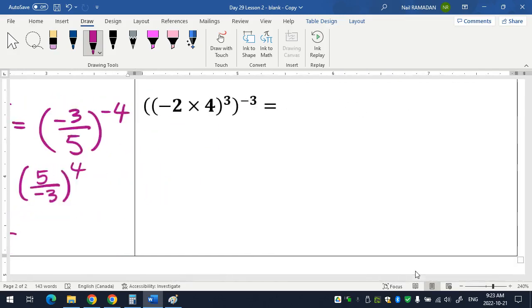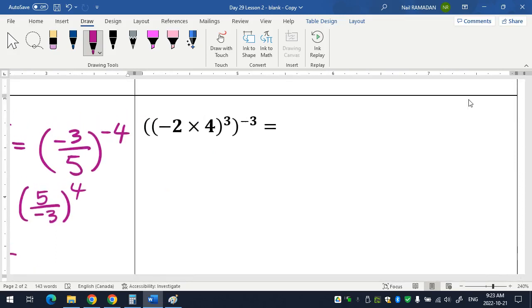Okay. What would this be? It would be negative 2 times 4 to what power? 3 times negative 3. Okay, let's keep going. Can you multiply this now? Yes, let's do that. So what's negative 2 times 4? 8 with a negative. Thank you. And what's 3 times negative 3?